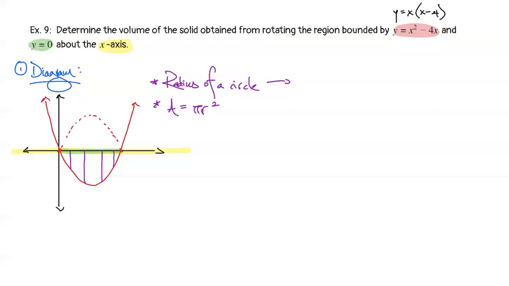Right? For example, let's say we put 2 into the x value. What's the y value that comes out? I get a -4.